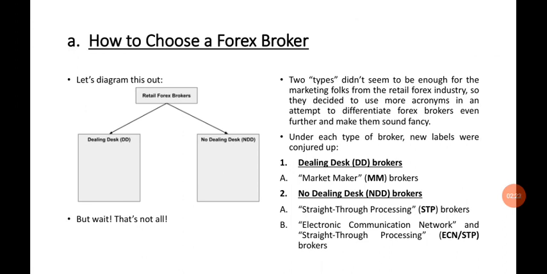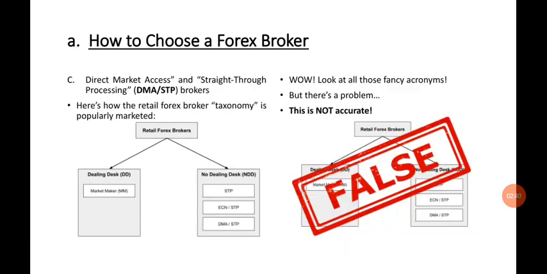Under the dealing desk brokers, we have the market makers, the MM brokers. Under no dealing desk brokers, we have straight through process, the STP brokers. We have electronic communication network and straight through process, the ECN/STP brokers. Then we have direct market access and straight through process, the DMA/STP brokers.